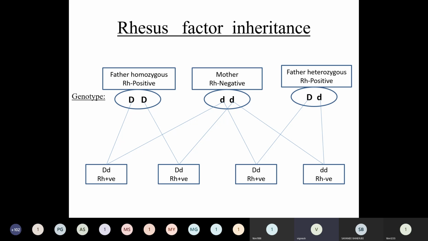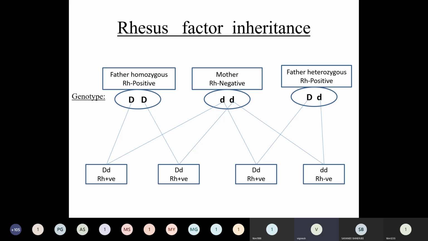The second group, D, small d, is the genotype of the father. So what will be the blood group inheritance of the fetus?